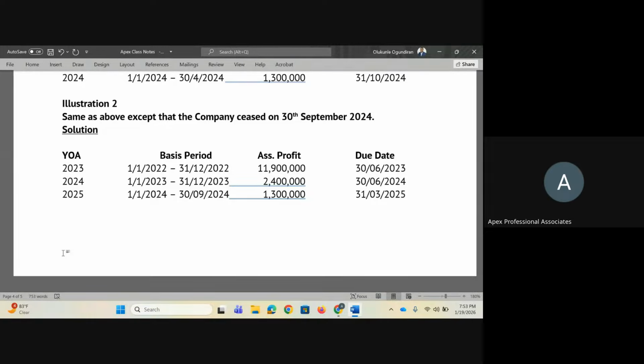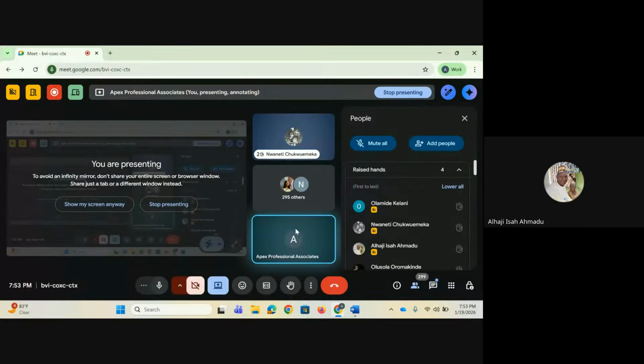Yes, the filing date is 6 months after. So if you cease in December, the year of assessment is the preceding year, and it's still 6 months after. So that's June of the following year. Okay, sir, thank you.